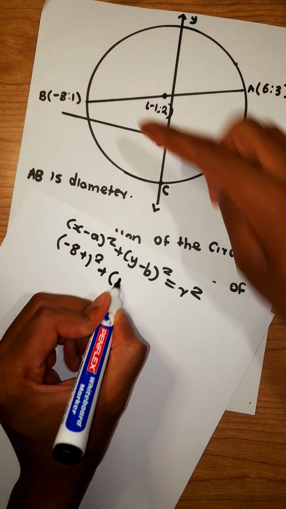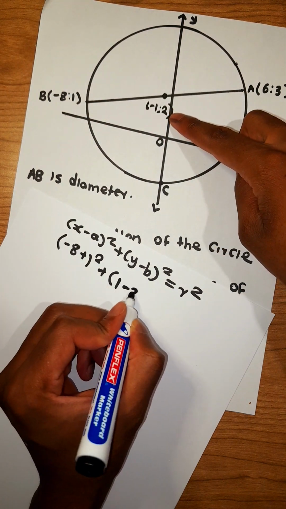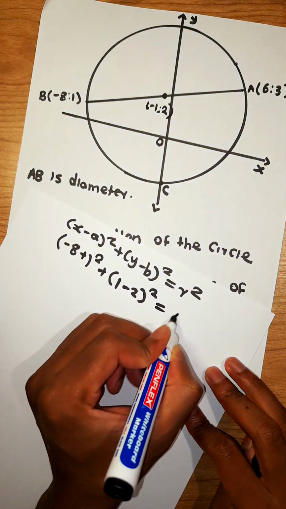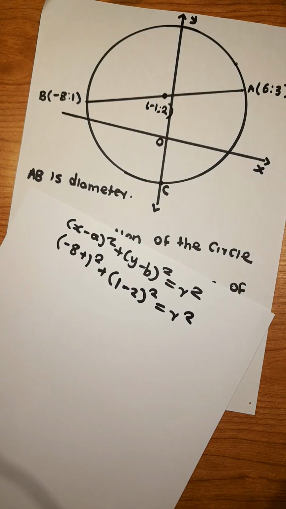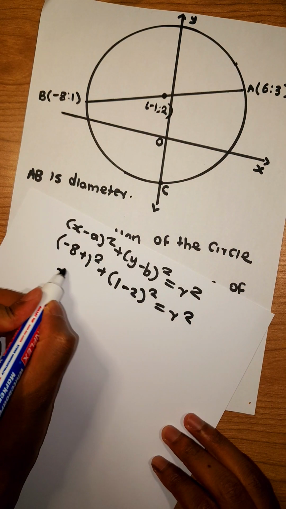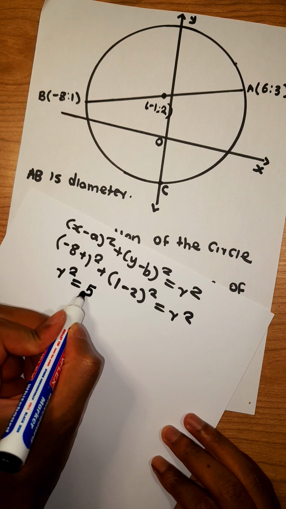Plus y, which is 1, minus 2, squared. To find r squared: minus 8 plus 1, squared, plus 1 minus 2, squared. You find that r squared is 50.